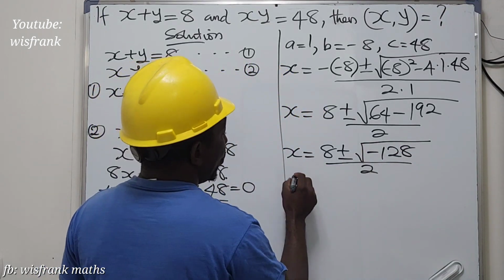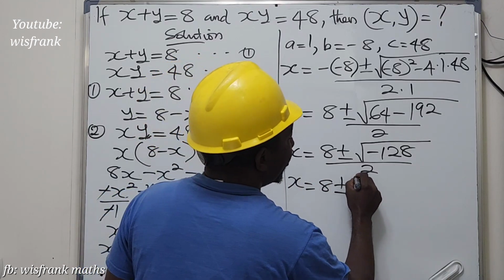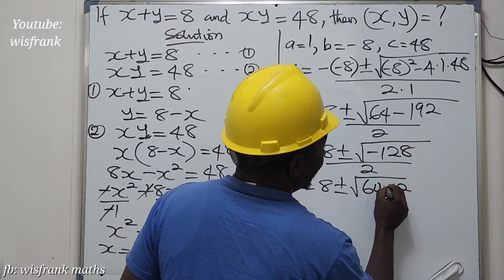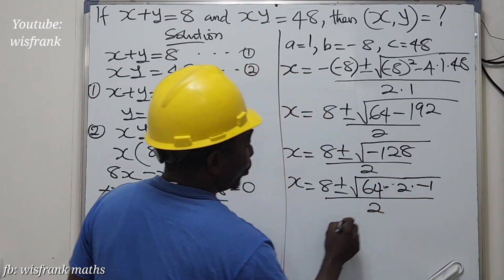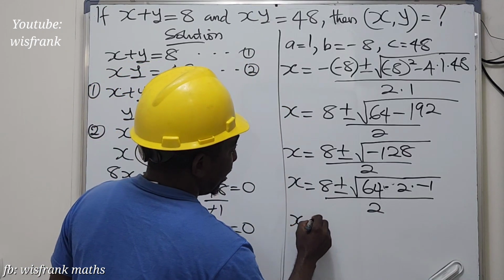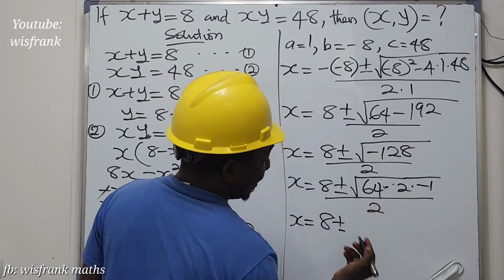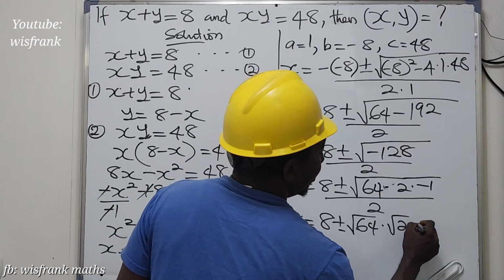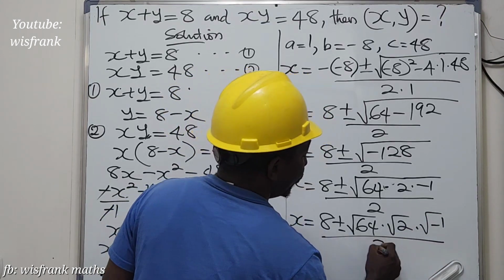So from here, we have x equals 8 plus or minus the square root of minus 128, which is the same thing as 64 times 2 times minus 1, all over 2. This is the same thing as the square root of 64 times the square root of 2 times the square root of minus 1, all over 2.